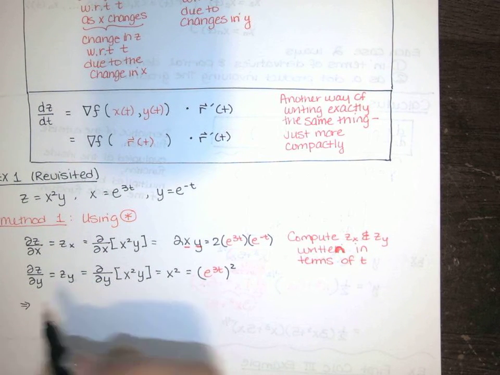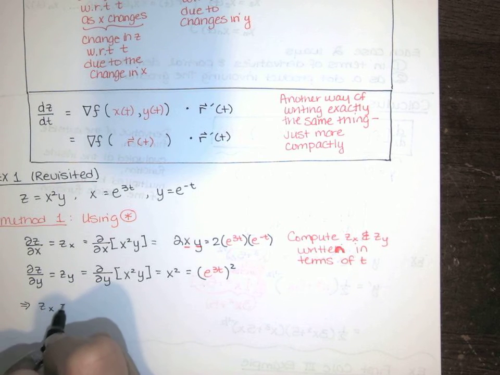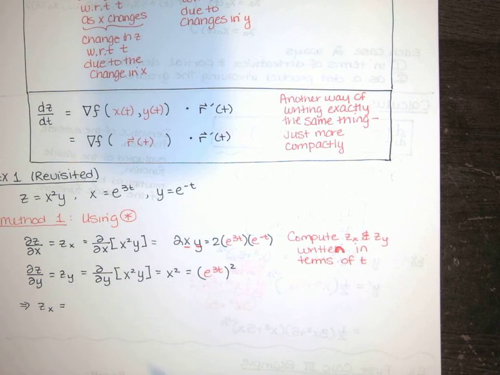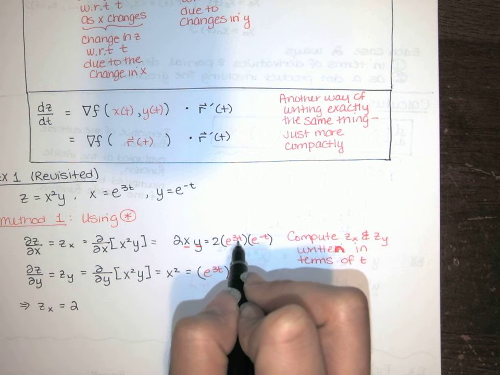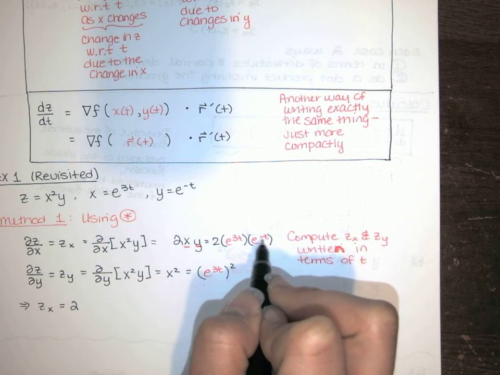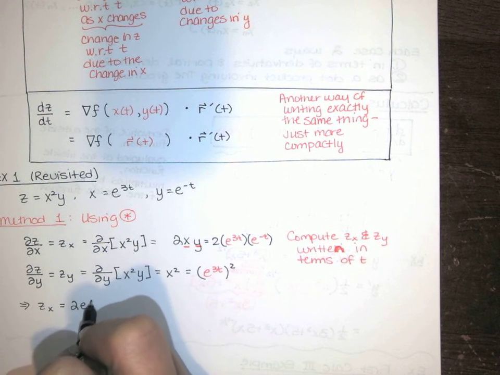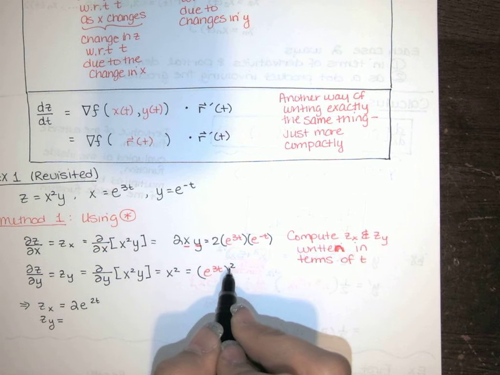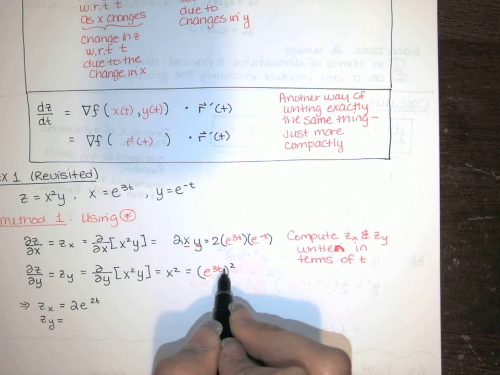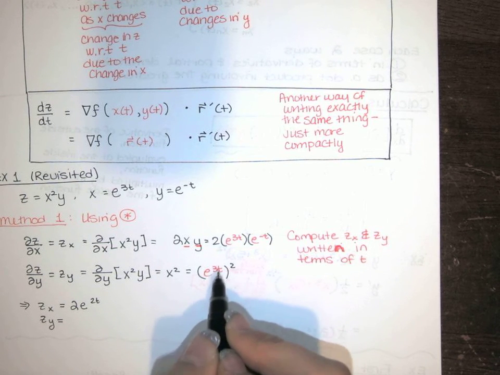I'm going to simplify a little bit more. The partial of z with respect to x is this. Using exponent properties, I have 2 times e to this power times e to that power. Add the exponents, it's going to be e to the 2t. 3t plus negative t is 2t. Partial of z with respect to y, I'm taking this and I'm squaring it. So I multiply those exponents.